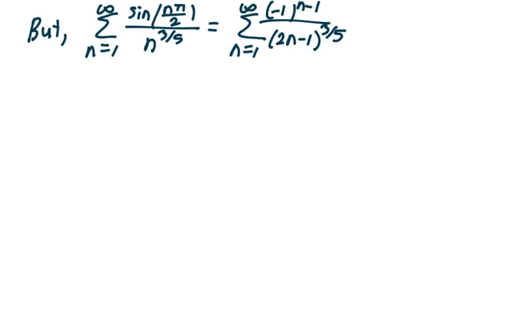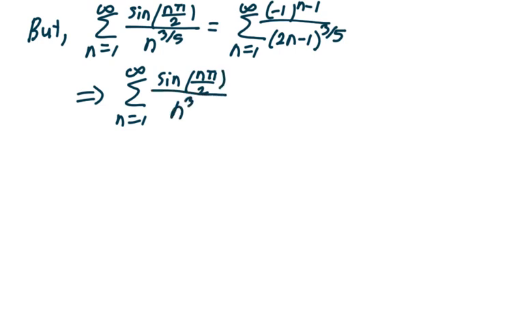They're the same series. And so that implies the summation from n equal 1 to infinity of sine of n pi over 2 divided by n^(3/5) converges. And we're done.